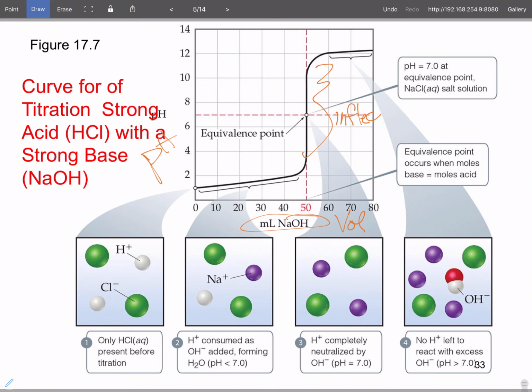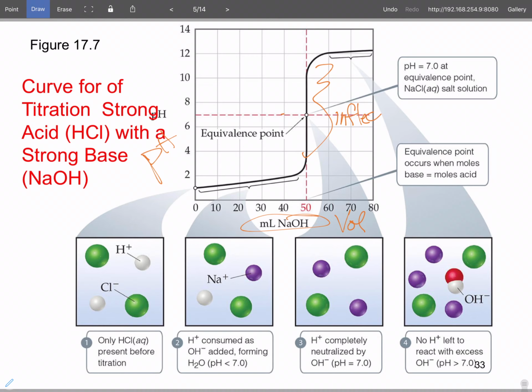If you'll notice, you go through a very large pH range at one volume. Your equivalence point is halfway up the curve. Now, the trick, and we'll talk about this in a minute, is making sure your equivalence point and your endpoint, which is indicated by the color, are the same.